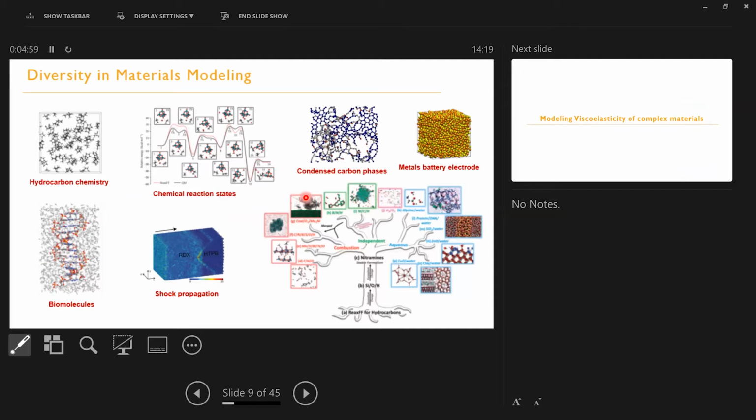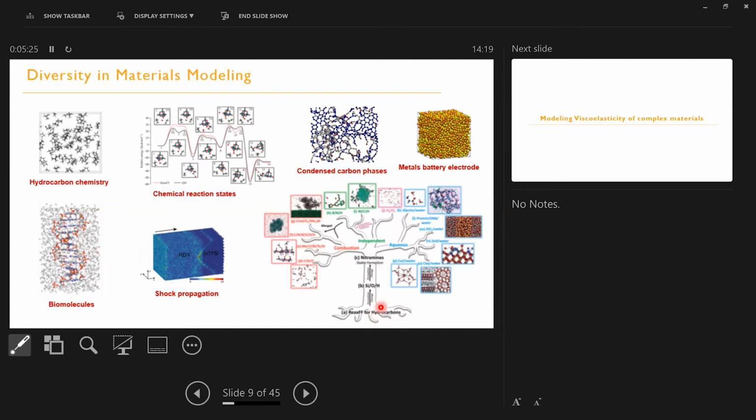And I think you already had some introduction to what is the interatomic potential, but just a very brief snapshot of the kind of materials you can simulate, ranging from simple hydrocarbons to very complex molecular crystals, for example, in explosives, battery materials, a very hot area of research right now, biomolecular simulations, let's say DNA and drug delivery and all these things, you can simulate using molecular dynamics.